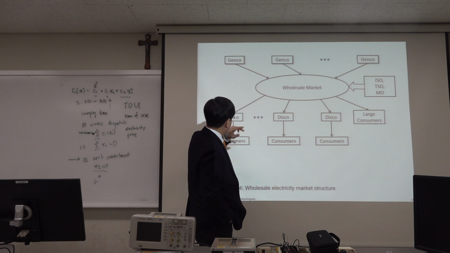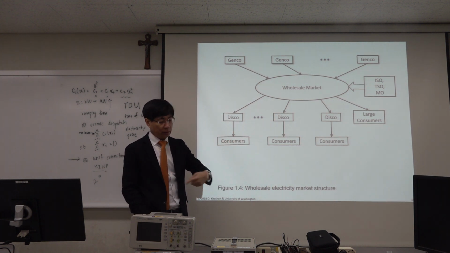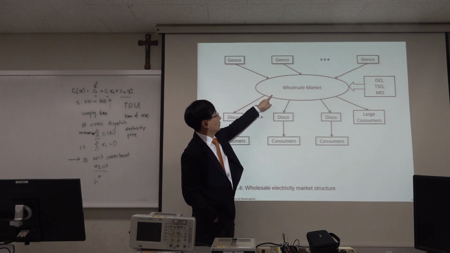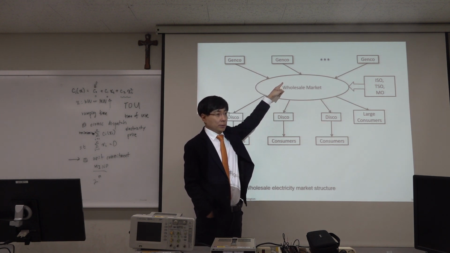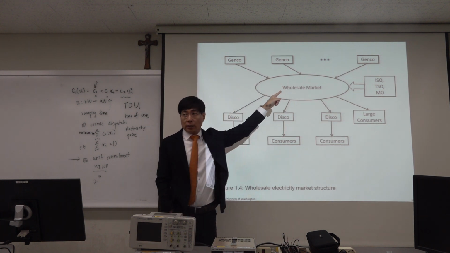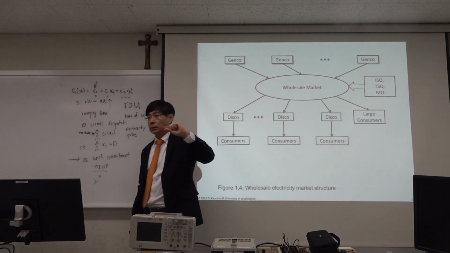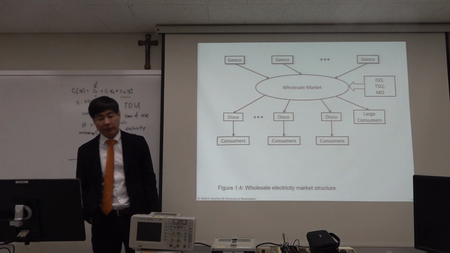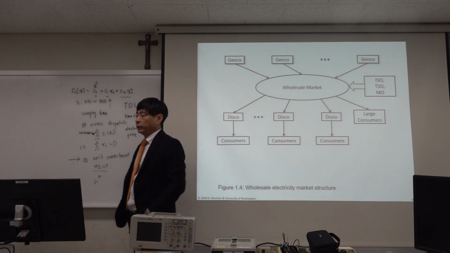Each DISCO serves the customers in its territory, and they need to purchase power in this wholesale market from the generators, GENCOs. So these GENCOs are the sellers in the wholesale market, and DISCOs are the consumers or buyers.